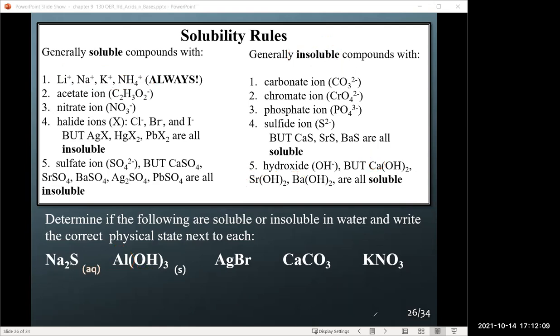Okay, silver bromide, we go to the halides. That's the bromide, okay? Normally the bromides are soluble except when you're dealing with silver. So silver bromide is definitely insoluble. Then we got calcium carbonate.